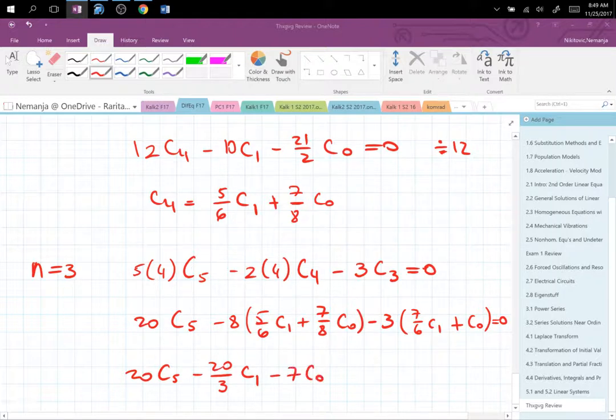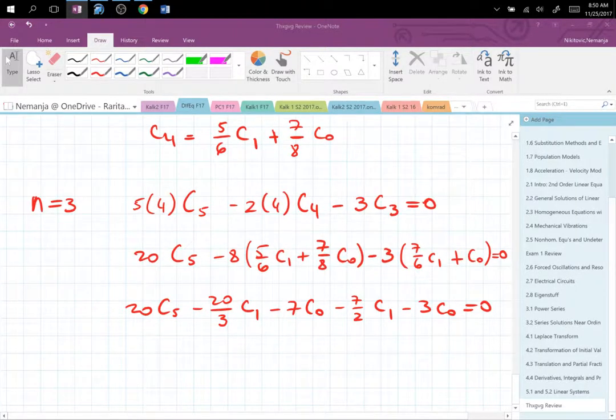This cancels by 3, so minus 7/2 c1 minus 3 c0 equals 0. Wonderful. This is amazing. No? I think it's amazing. But then you might beg to differ.